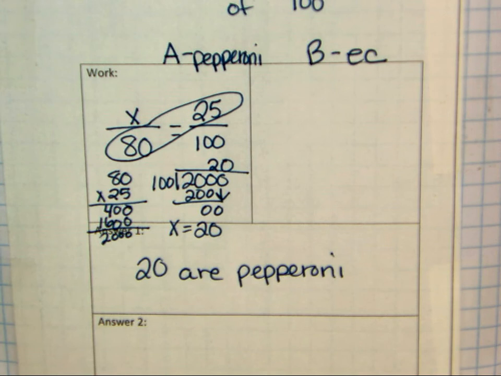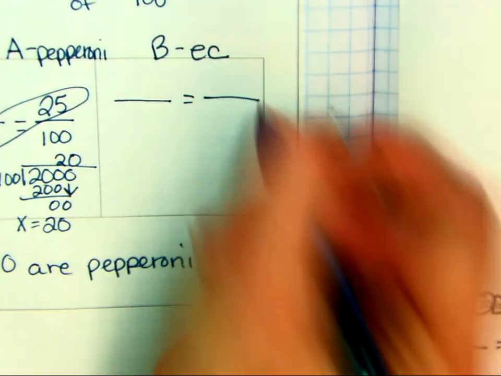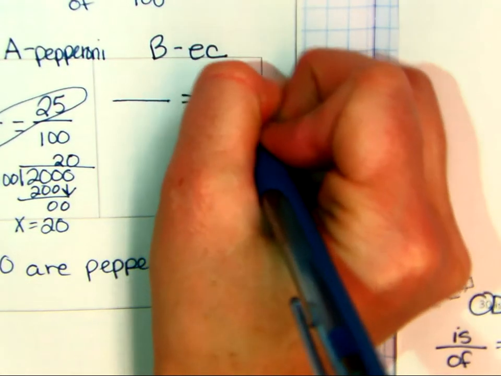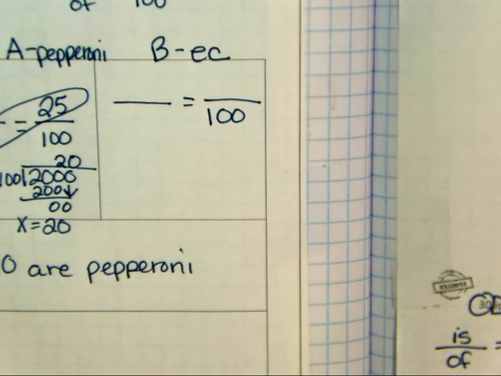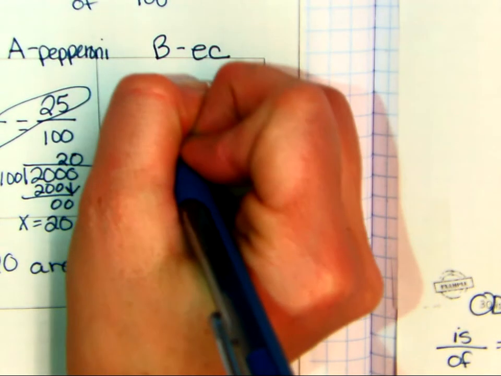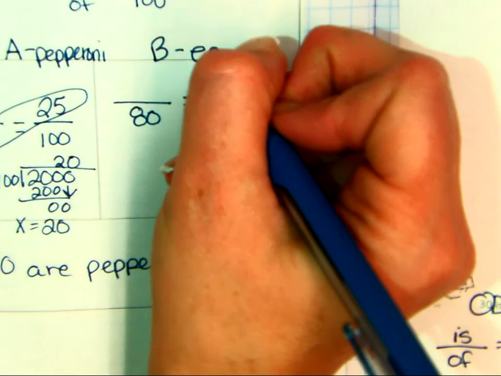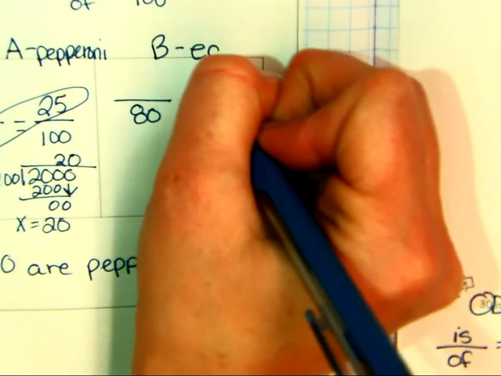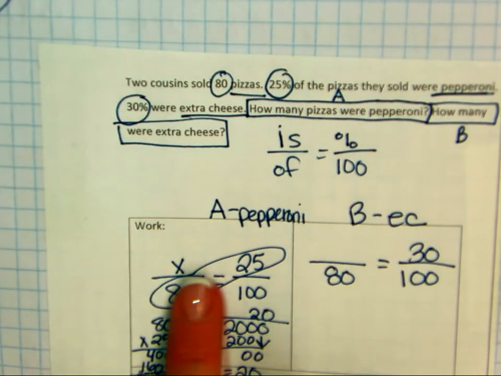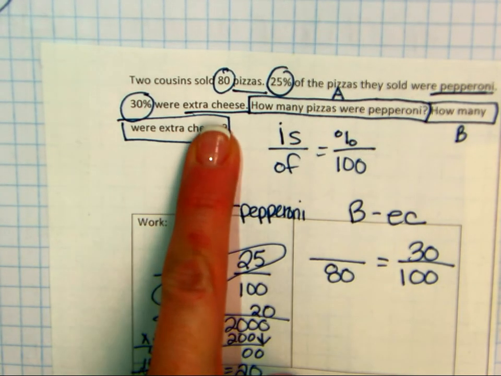Okay, now let's solve the other side. Well, on this one, we can fill in, we have 100% total. Over here, we have 80 pizzas total. We're trying to find 30%, because it tells us up above in our question, 30% are cheese.